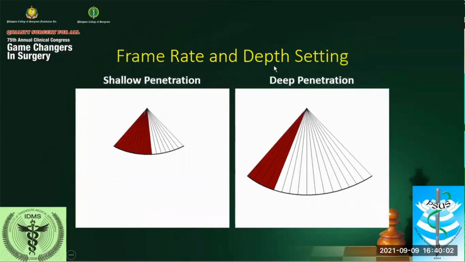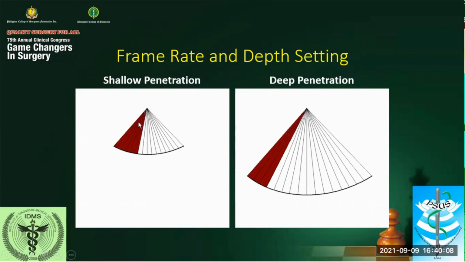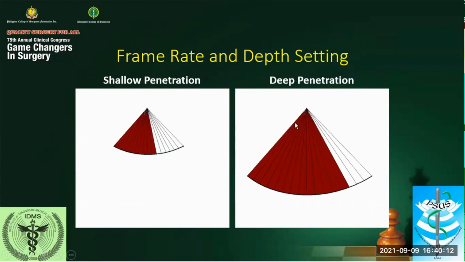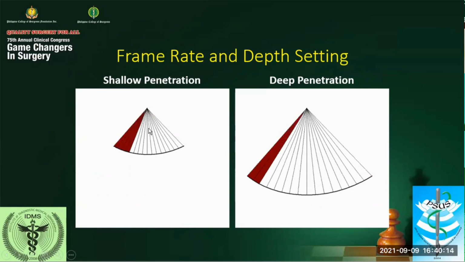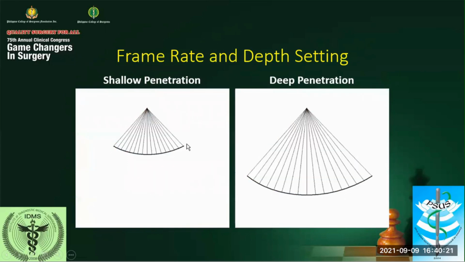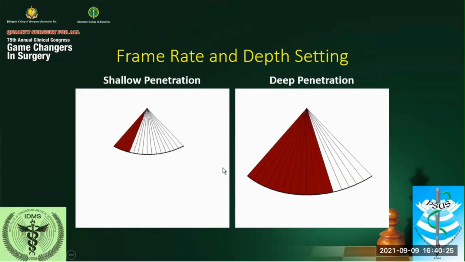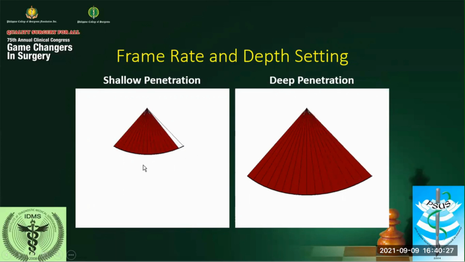Depth will also affect the frame rate. Here you have an image which has basically the same scan angle, okay, but different depth settings. Now here, the shallower setting will have a higher frame rate. So this is also one reason why you should adjust the depth.